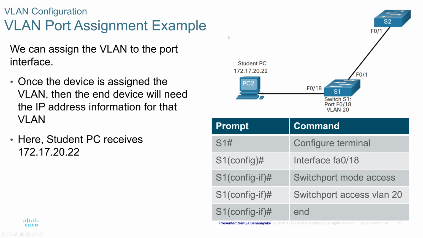So that's how you assign the VLAN to a port interface so that it can be used by the end device, in this case student PCs, to communicate. Again, I will go through this on a live lab demo and post it to my YouTube channel. That will make so much more sense to you than just reading these slides off.